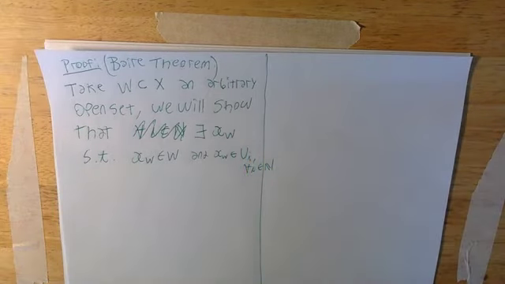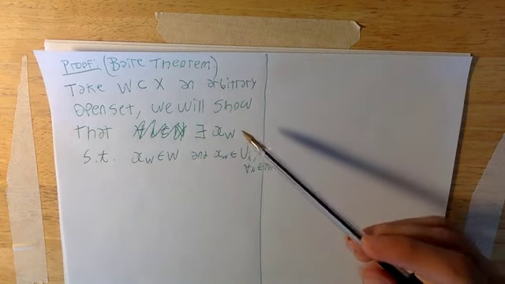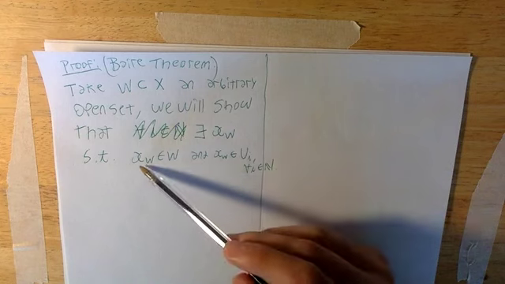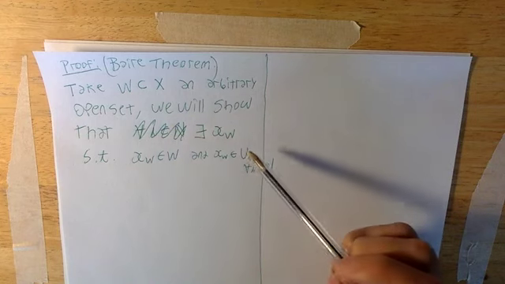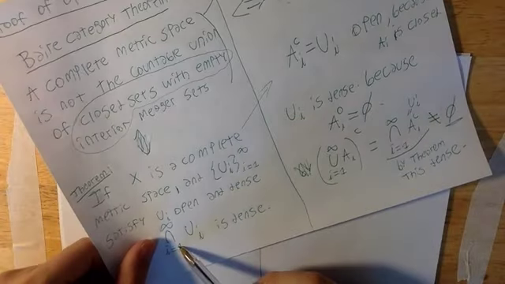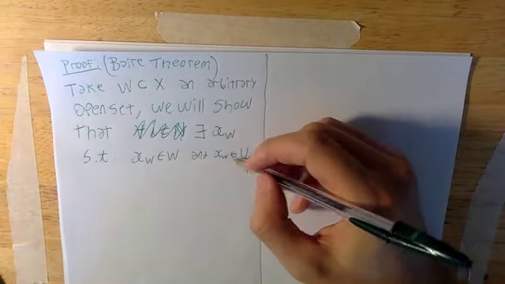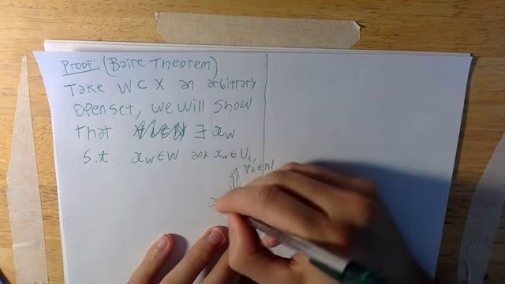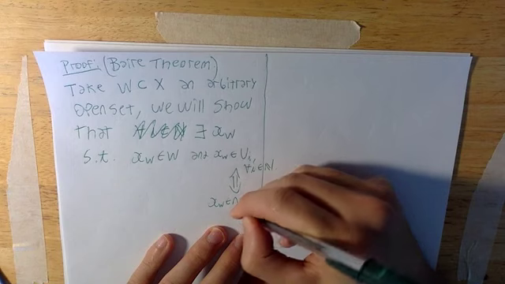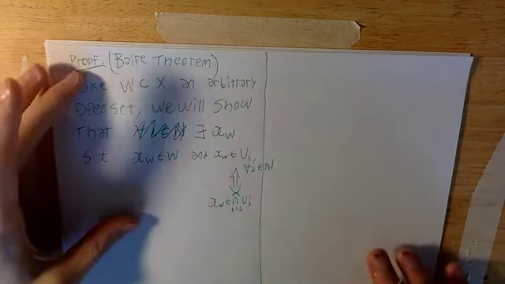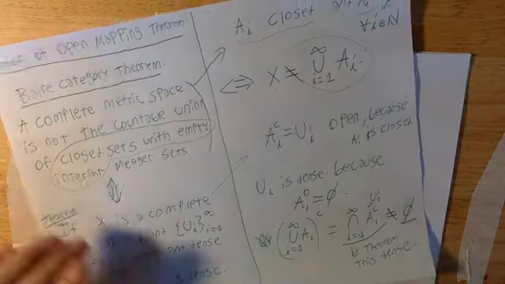Okay, so the way that you show density is that for every arbitrary open set, we can find a point in W which is also in the intersection of UI. So XW is in UI for every I, which is if and only if XW is in the intersection I equals 1 up to infinity of UI. Okay, so if we can show this, we have shown the theorem.